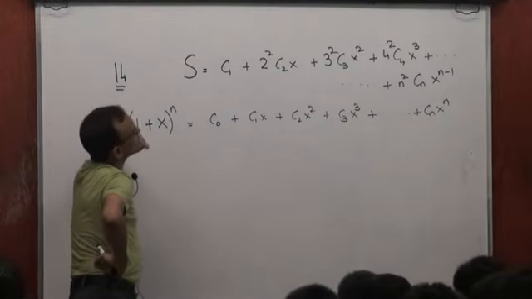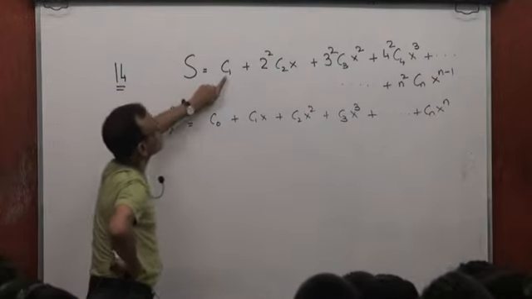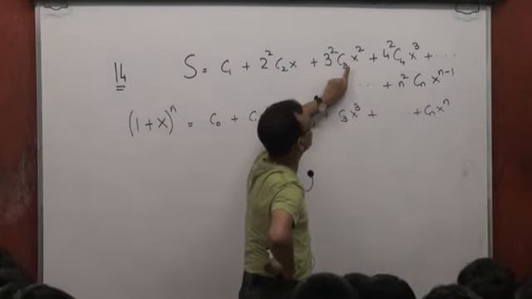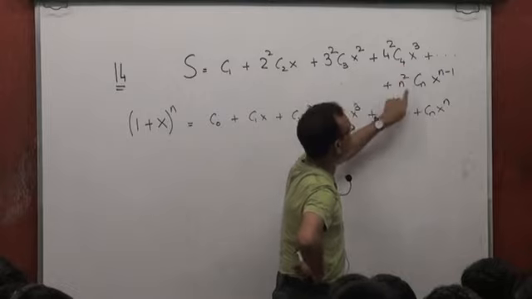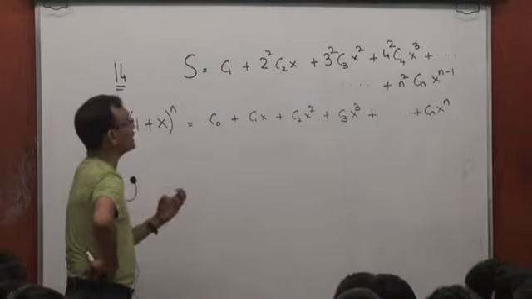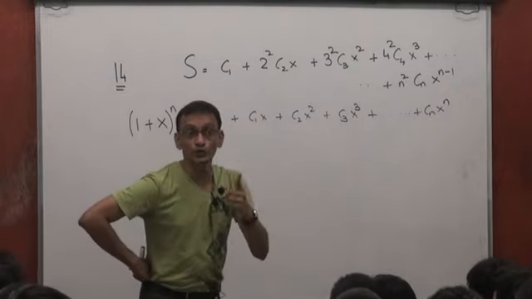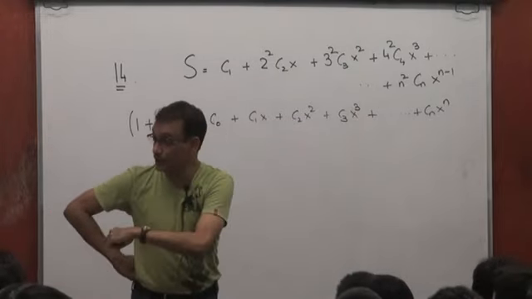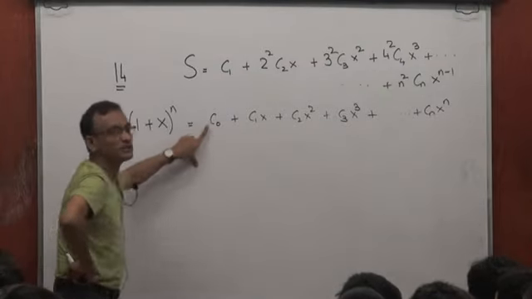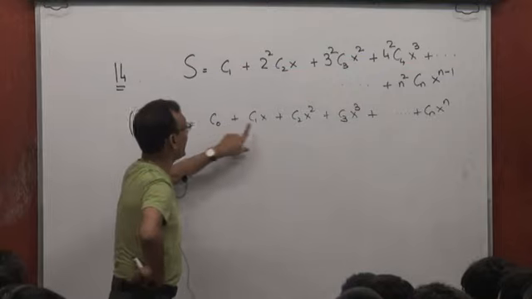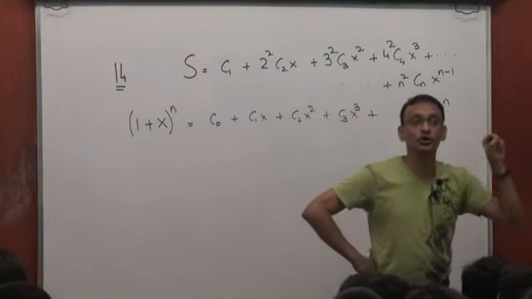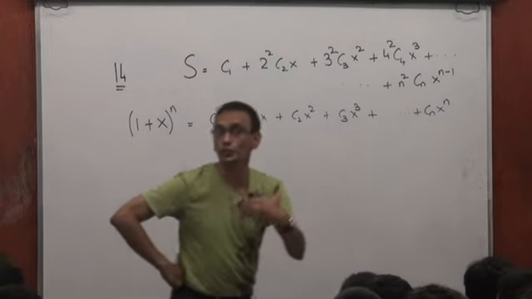One of the things that we need to obtain is C1 plus 2 into 2C2, 3 into 3C3, 4 into 4C4, n into nCn. First, figure out a way of obtaining 1 into C1, 2 into C2, 3 into C3, n into Cn. One way to obtain that is by differentiating this with respect to x. You will have C1, 2C2, 3C3, nCn. Differentiate one time.